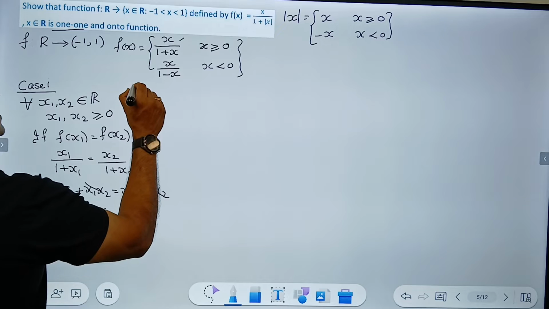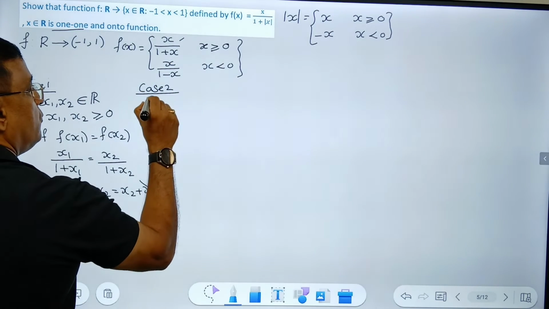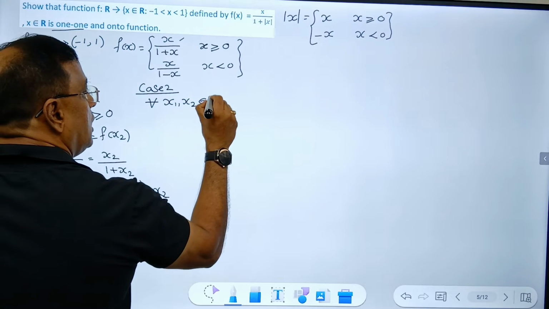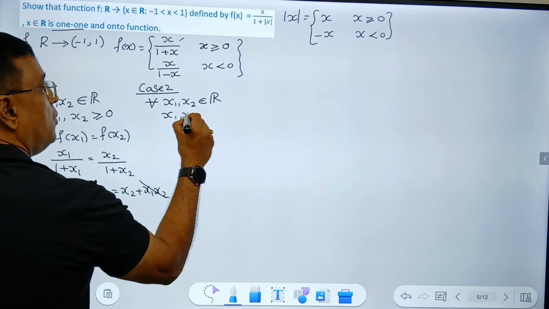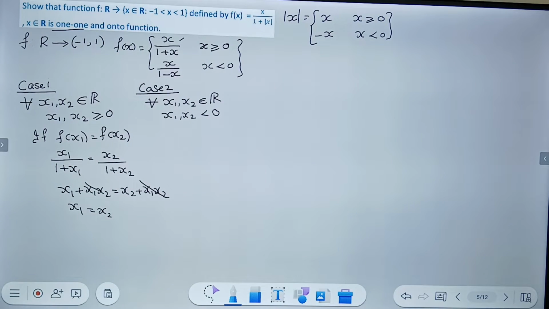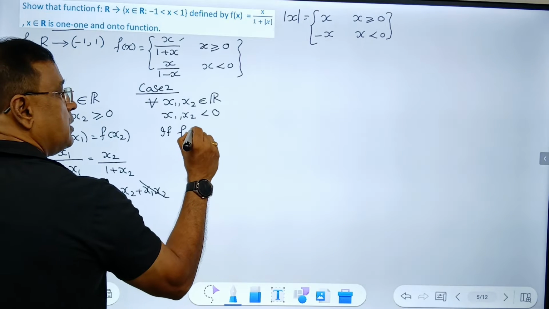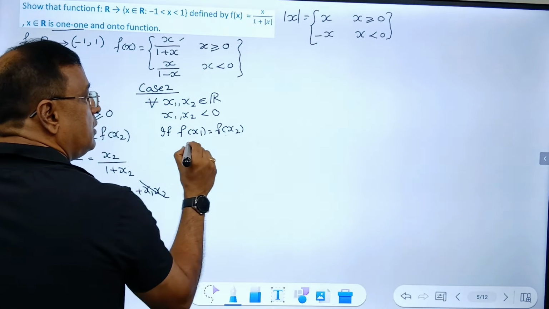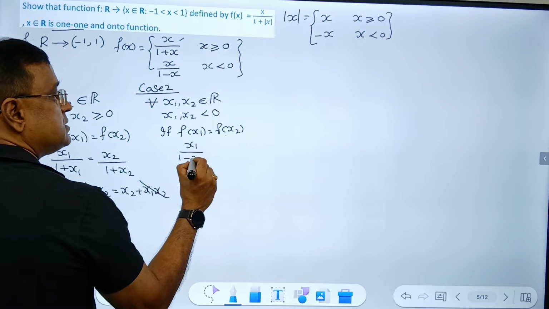Now let's go to case 2. What is case 2? For every x1, x2 belongs to R, in this case x1 and x2 both are negative. Then what happens? If f of x1 equals f of x2, what is f of x1? It is x1 by, use this definition, 1 minus x1.